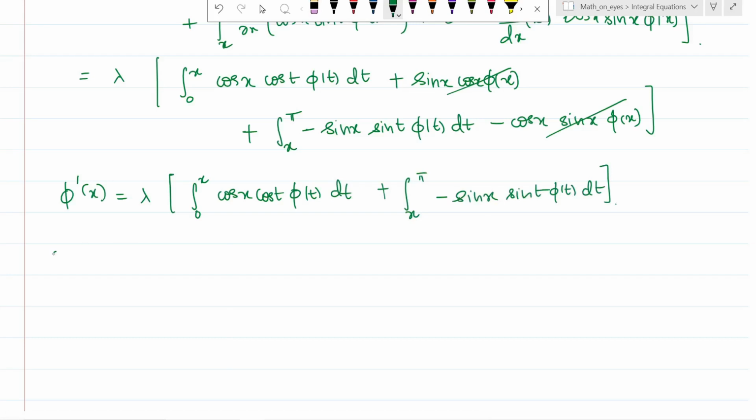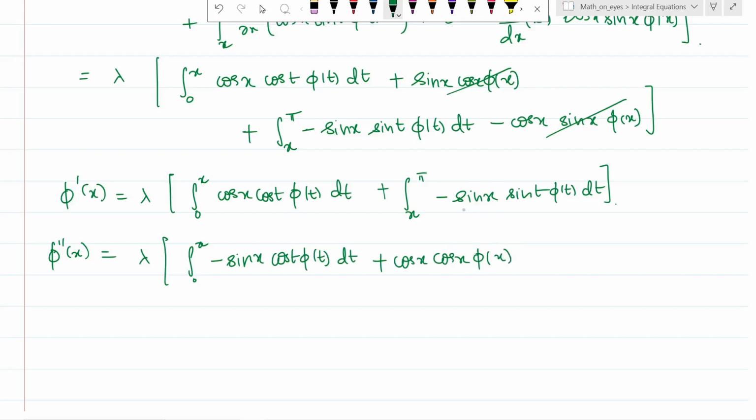Now taking again a differentiation to get phi double dash of x, which will give you lambda outside integral 0 to x. Differentiating here, we get minus sin x cos t phi of t dt, and applying the upper limit, we get plus cos x phi of x, and taking the differentiation of this part, we have plus integral x to pi minus cos x sin t phi of t dt, plus, minus into minus will be plus, sin x into phi of x.